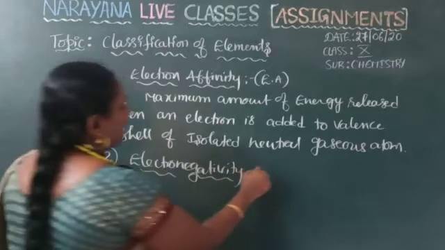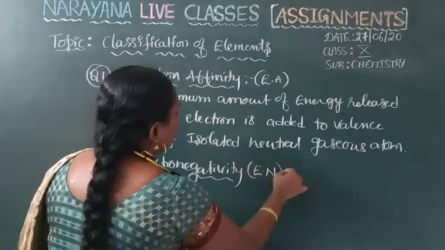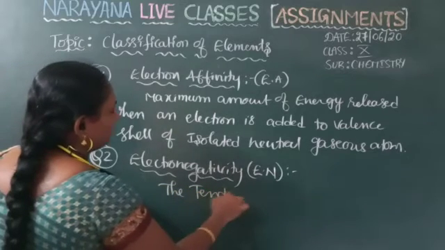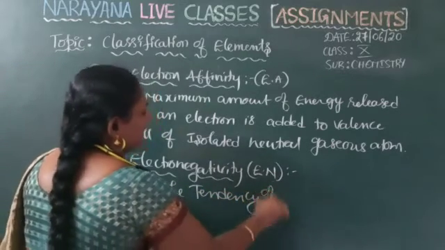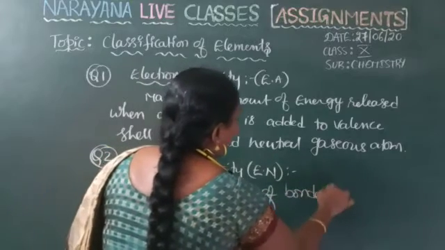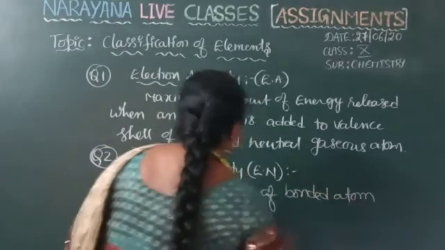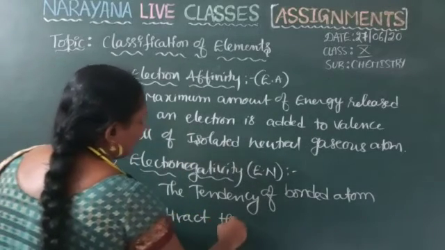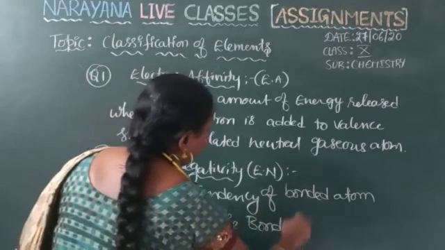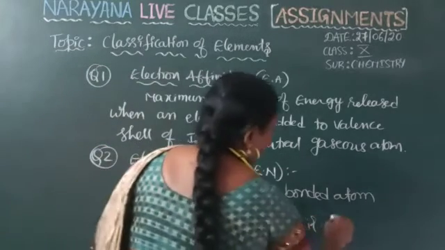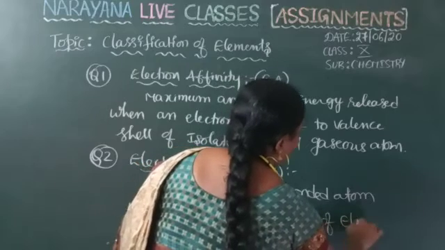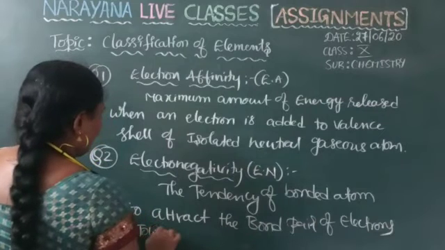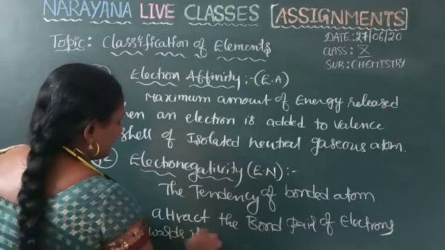It is represented with the symbol EN. It is the tendency of a bonded atom to attract the bond pair of electrons towards itself.